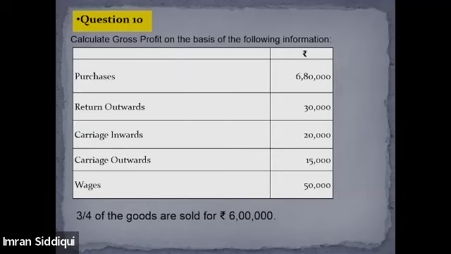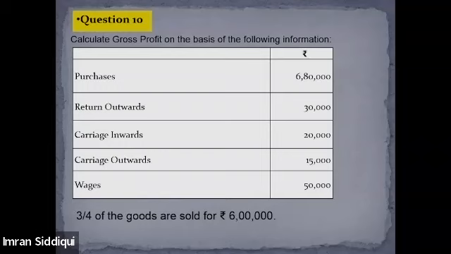So we need to determine the gross profit in respect of only those goods which have been sold in the market. If the sales value is given in respect of 3/4 of the goods only, then for the correct determination of gross profit, we will have to determine the cost of 3/4 of the goods.